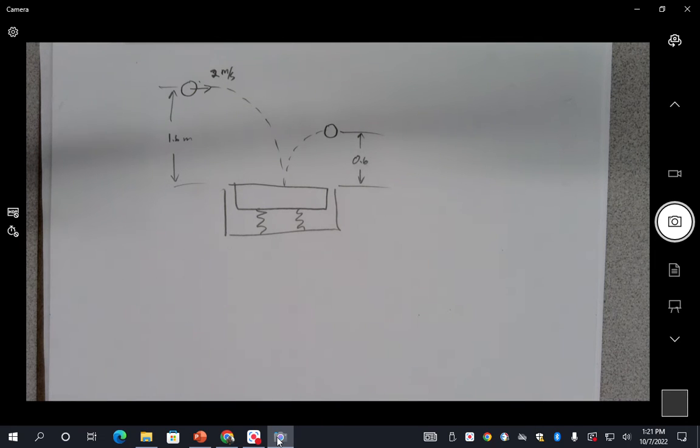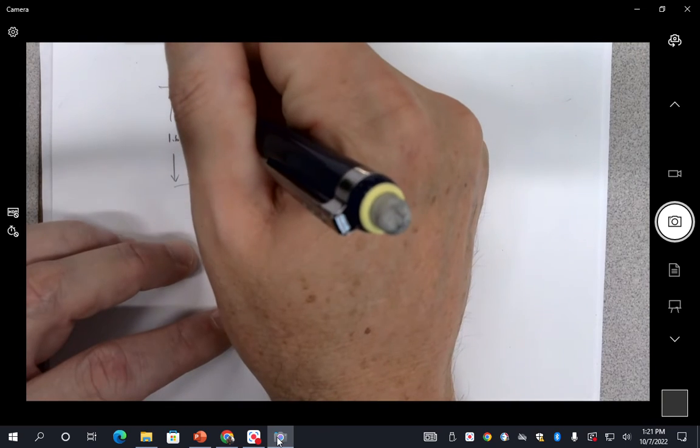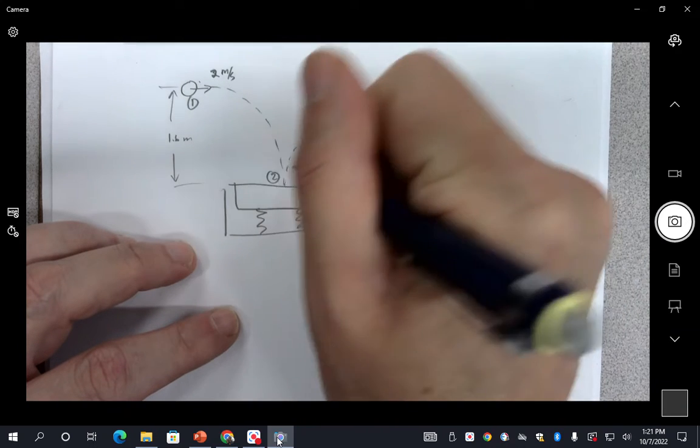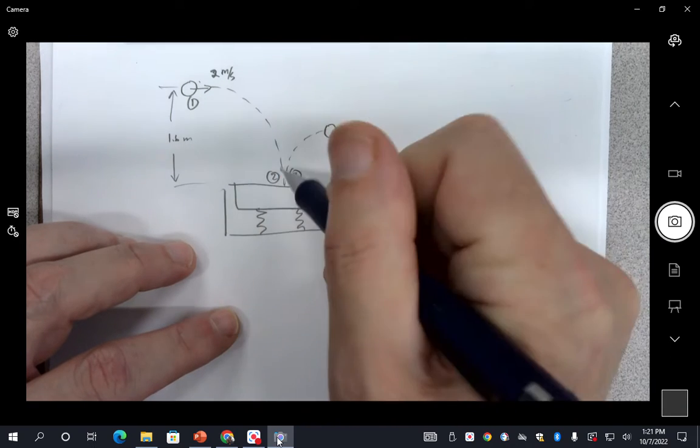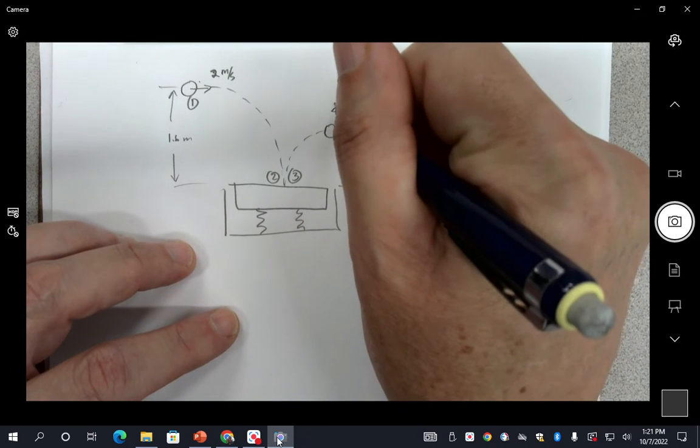We're okay with that? Because it's going to have the same x-direction velocity at every point, right? It has no reason to reduce. So just to give myself some numbers, I'll call this point 1, this one 2, and then 3 right here. So 2 is just before, 3 is just after, and I'll call this one 4.